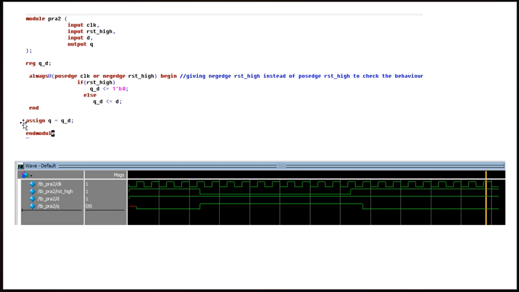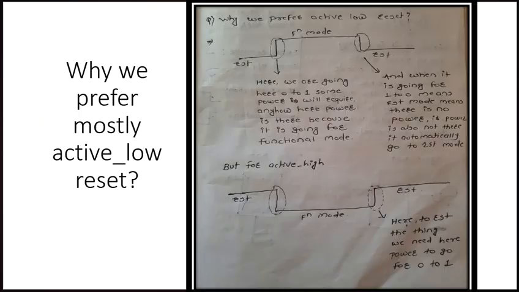Given all this explanation, there is a question: why in most designs do we prefer active low reset? If we go from reset mode to functional mode, we require power.